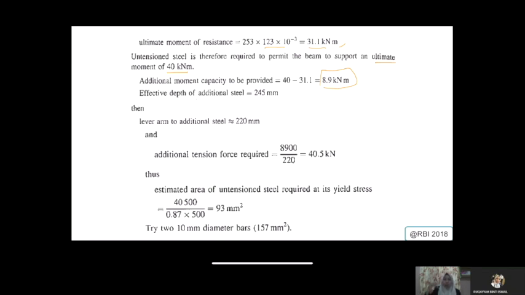So when you decide to locate your additional reinforcement, you have to ensure that you fulfill the gap and the spacing as well.